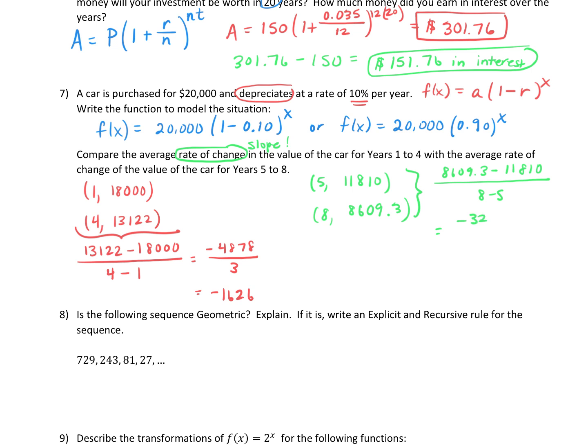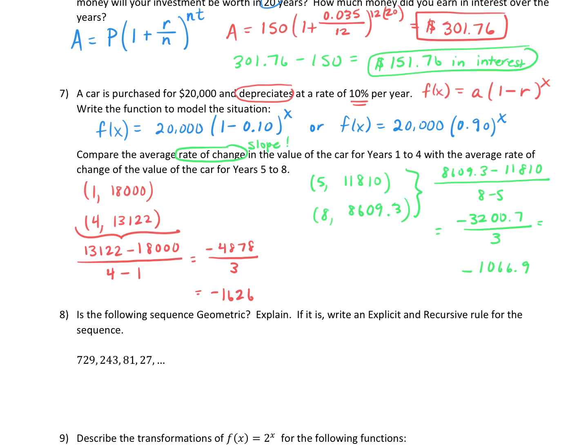Negative 3,200.7 over 3. We get negative 1,066.9. All right, so those are the two rates of change over the different intervals.